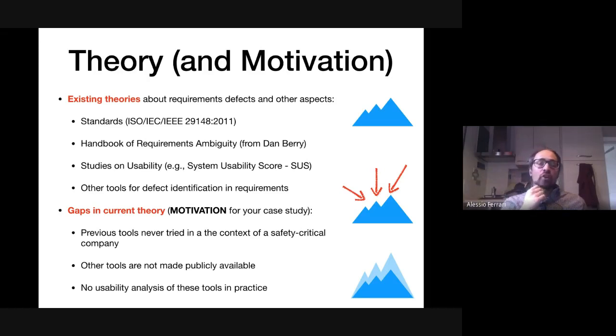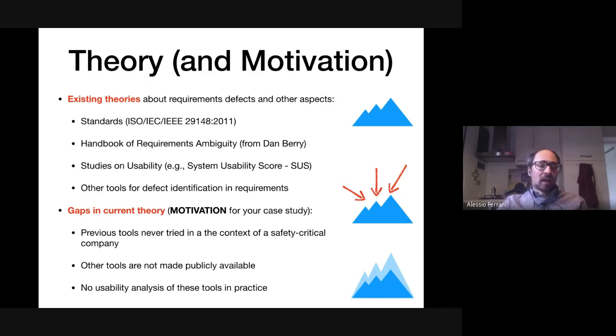So you list the existing theories about requirements defects. For example, you can refer to the standards, this handbook of requirements ambiguity, studies on usability, and other possible tools for defect identification in requirements that you may search through a systematic literature review. For example, we will see this topic on Thursday. And you identify the gaps in the current theory, which is the motivation for your study.